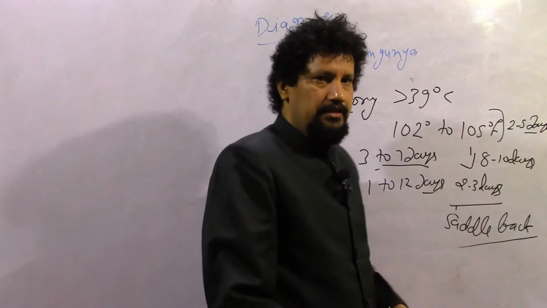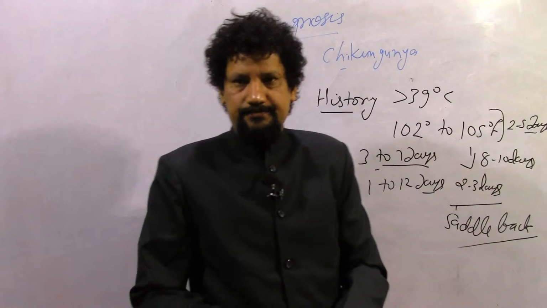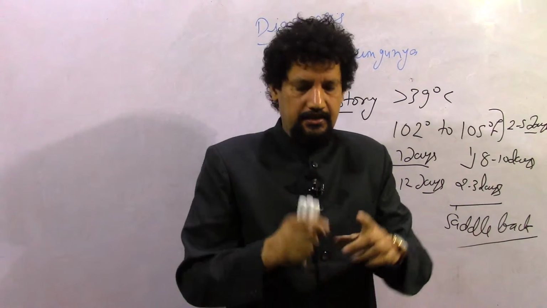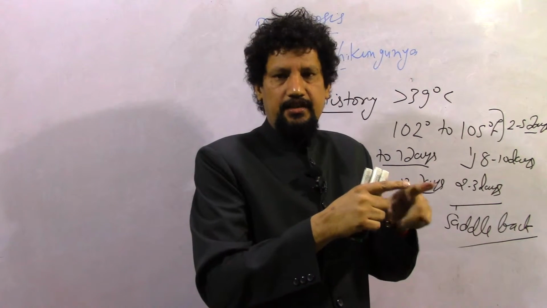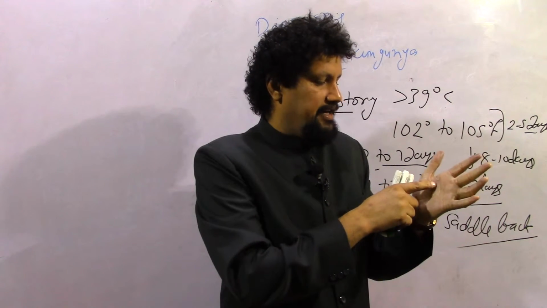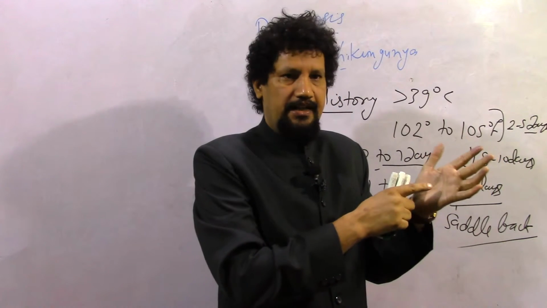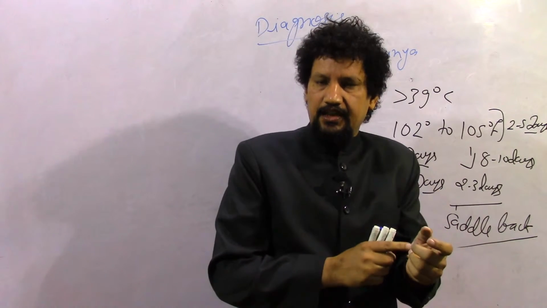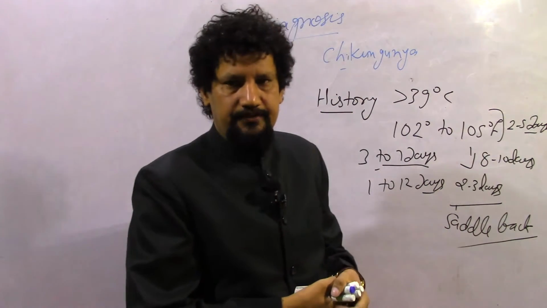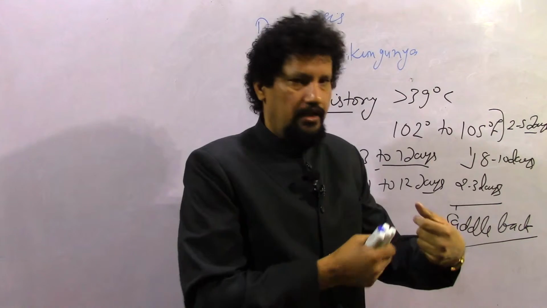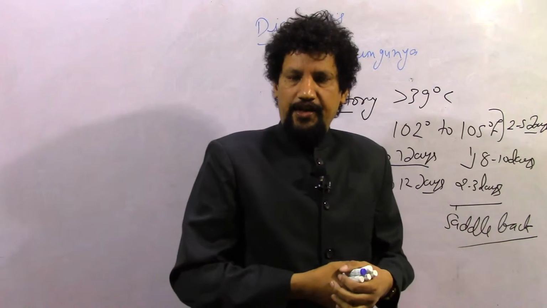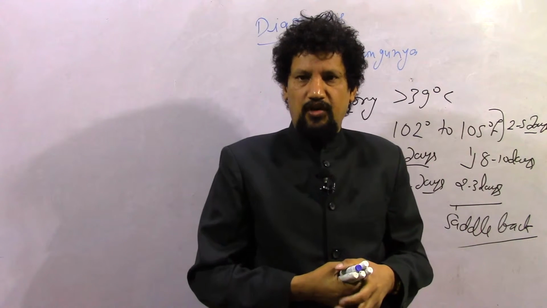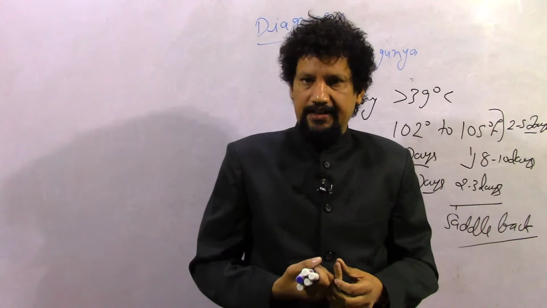High grade fever, joint pain, especially the small joints of hand, that is interphalangeal joints, metacarpophalangeal joints, carpometacarpal joints, and wrist joint, that is joint formed between the radius and scaphoid lunate bones. Ankle joint is also involved, and joints may be swollen, maybe tenosynovitis.